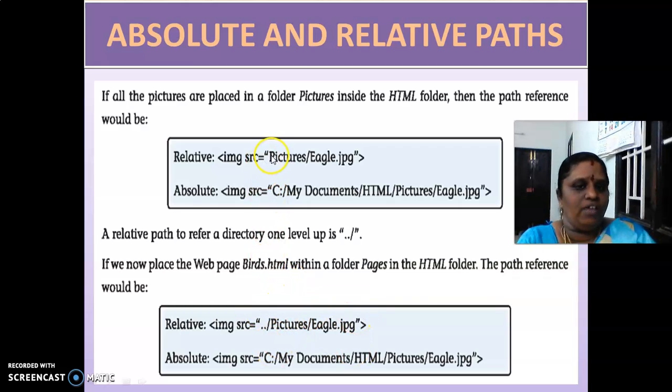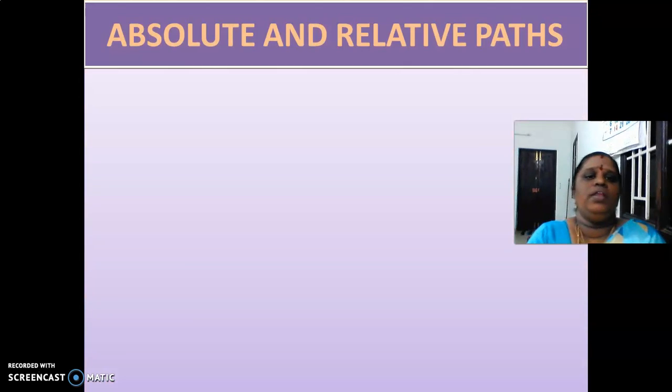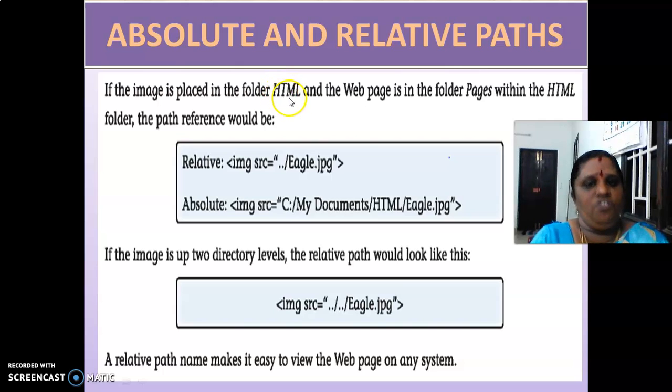Here the dot slash is not needed, because inside the HTML folder only we are having the web page called birds.html. So the dot slash is not required, but if you want to use the directory, we need this dot slash.